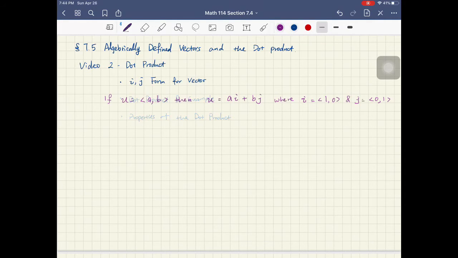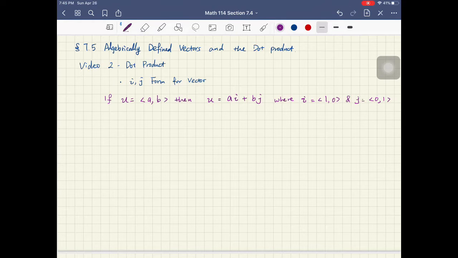When we first talked about vectors, we said we can graph a vector by drawing a ray from the initial point to the terminal point. We can also write a vector in terms of coordinates, bracket a comma b.